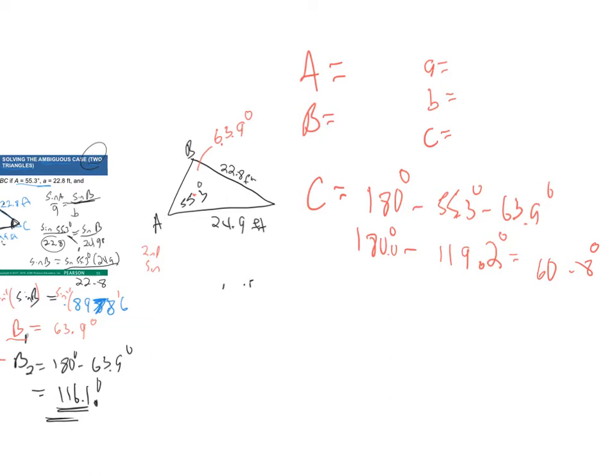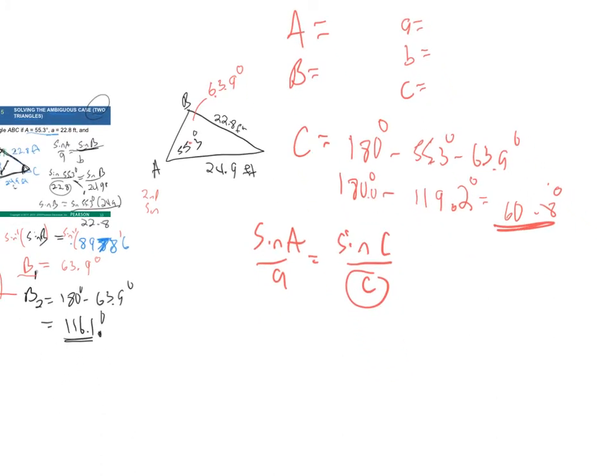Let's see here. The pair that I had was sine of A over A equals, now I have to use the sine of C. Good thing I found it, over C, which is what I'm looking for.